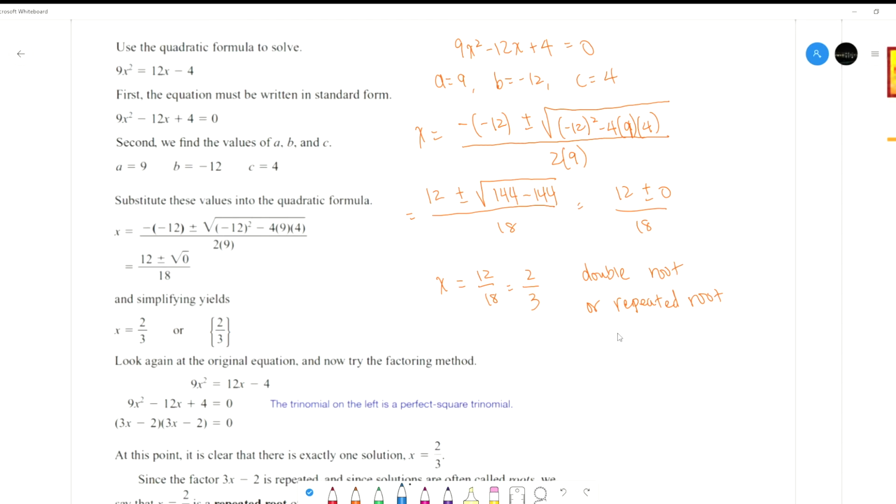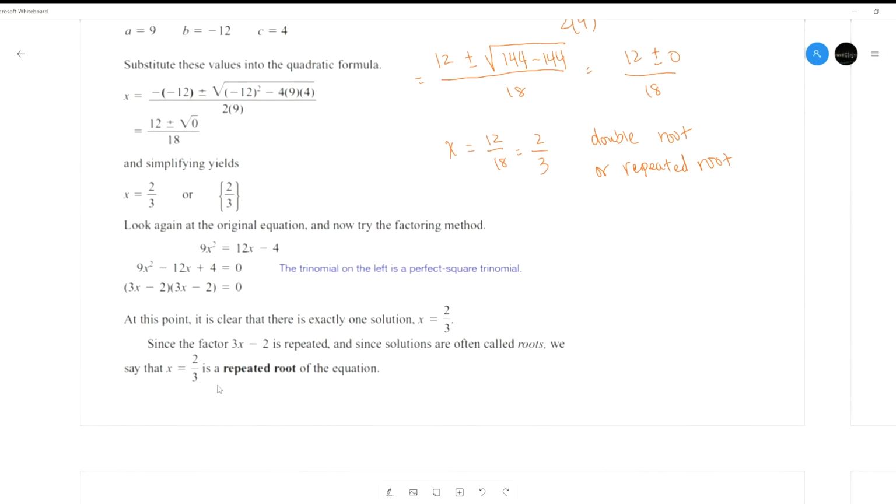We get a binomial squared, right? So, oh yeah, they show it down here actually. So 9x squared minus 12x plus 4 equals 0 was actually a factorable problem. If you factor it, you get 3x minus 2 quantity squared is equal to 0. This is a perfect square trinomial.